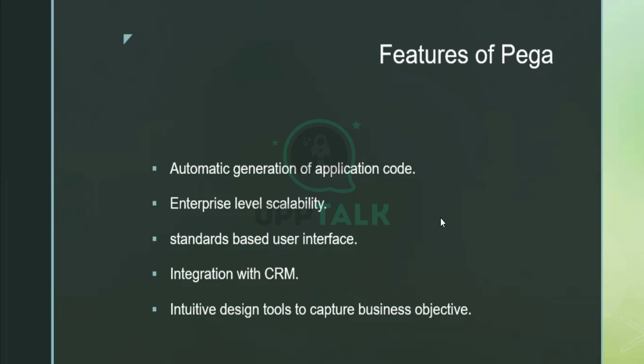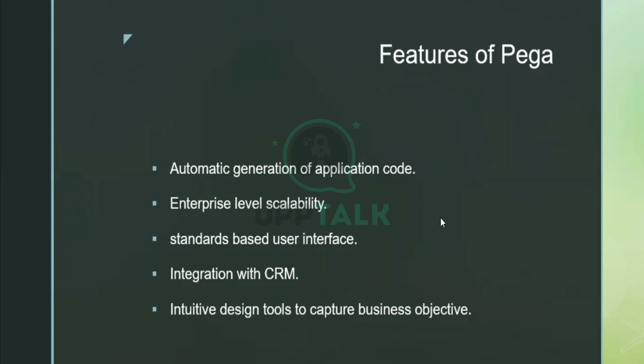And then another main advantage is direct capture business objective design tools. In a real-time IT environment, each project follows a different methodology. For example, it can be waterfall model, agile model, or reliability agile model.